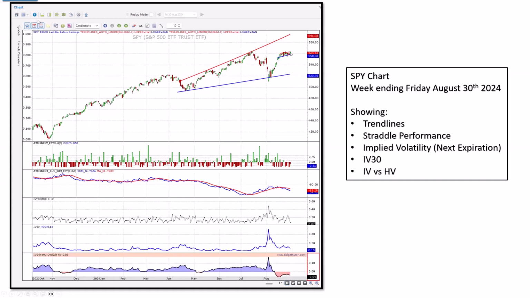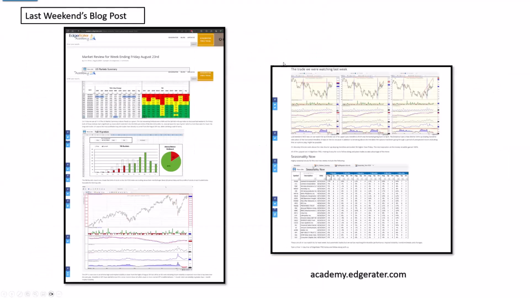So it's an interesting point that we're at. We're at the highs. There could be a big push out to above this level. But with the volatility that's bound to come in next week, you could see moves back down here too. So that is my synopsis of the market.